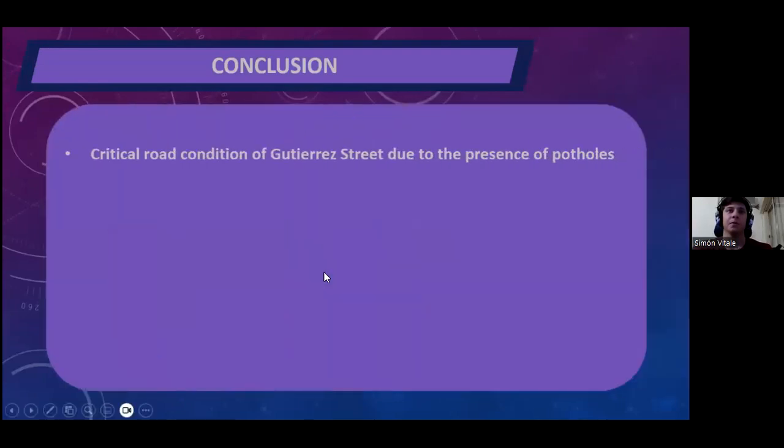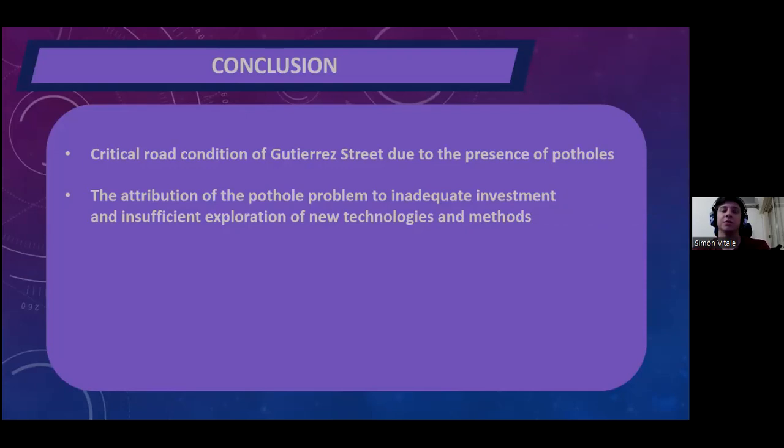In conclusion, the road condition is one of the most important problems, and it should be solved before more problems occur. This problem is generated by the poor investment and low investigation in new technologies and methods. Also, we think that people need a solution.